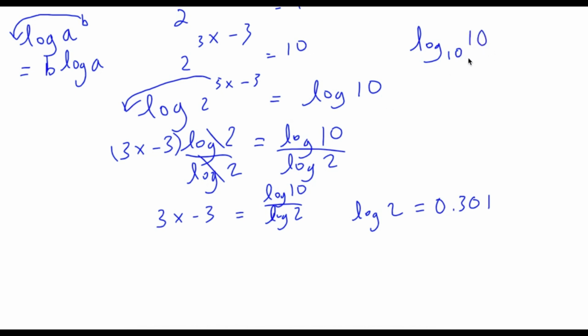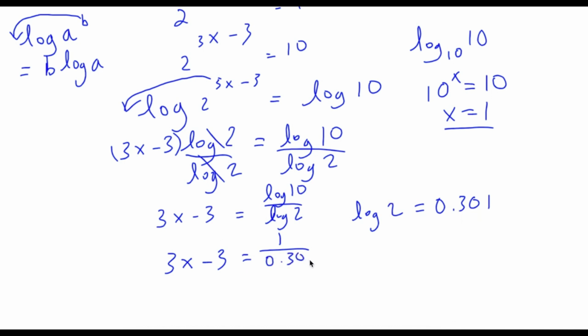And this is essentially asking 10 to the power of x is equal to 10. So what is x? And x is equal to 1, right? So log 10 is equal to 1. So now we have 3x minus 3 is equal to 1 over log 2, that is 0.301. So 3x minus 3 is equal to 1 over 0.301.